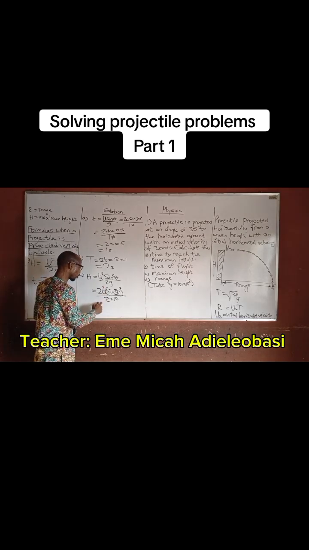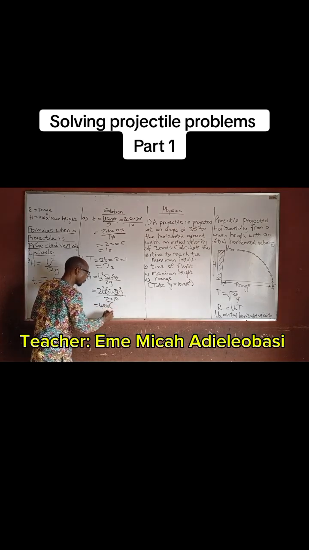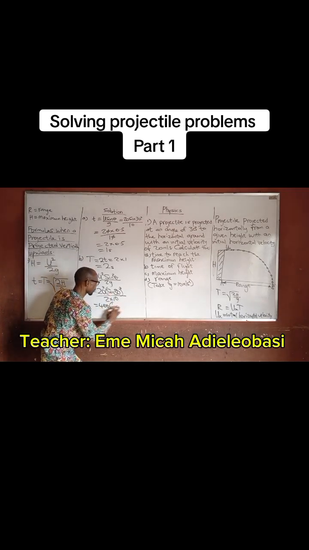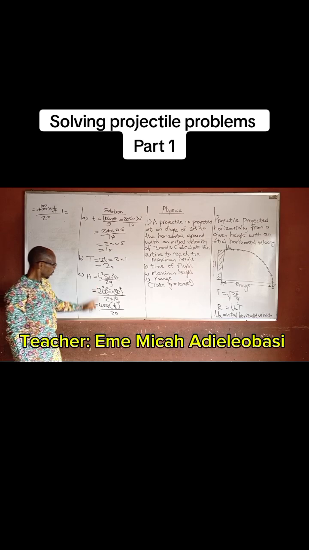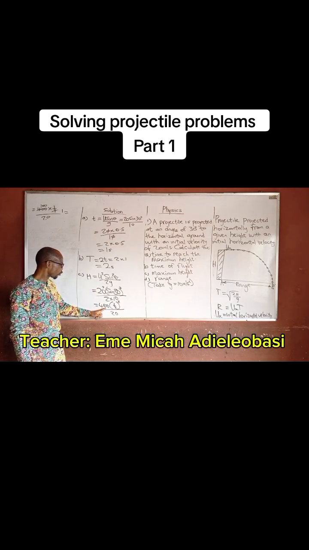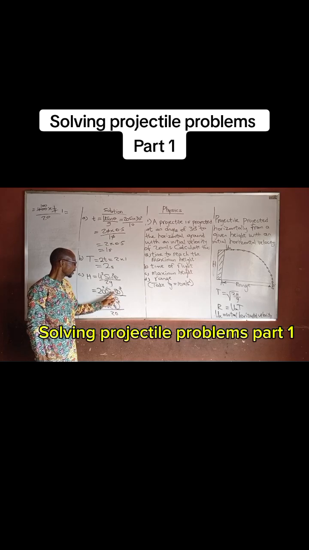So we now have 20 squared, which is 400. Open bracket, 0.5 is the same thing as half. So we can say half squared all over 20. So 400, open bracket, 1 over 2 raised to the power of 2, all over 20.